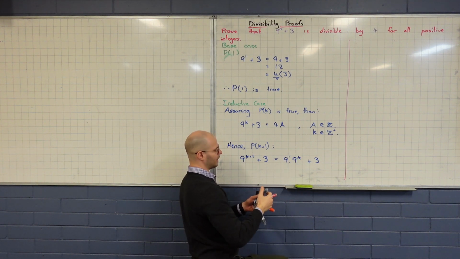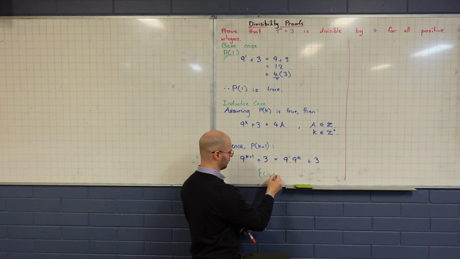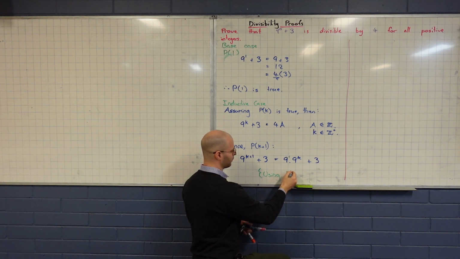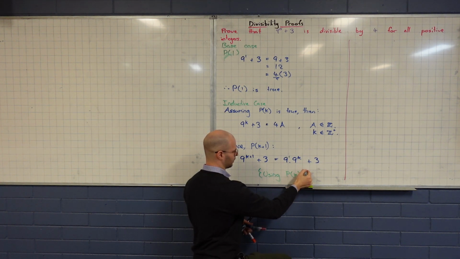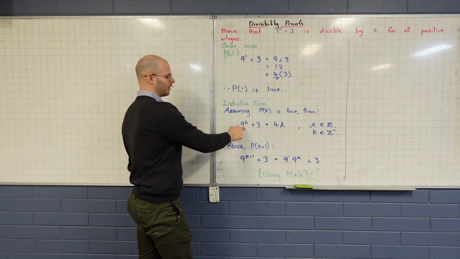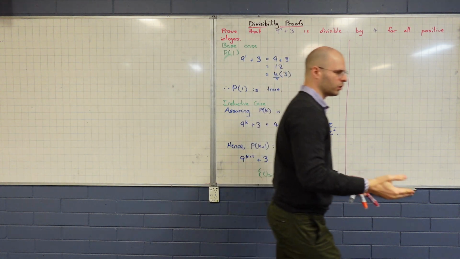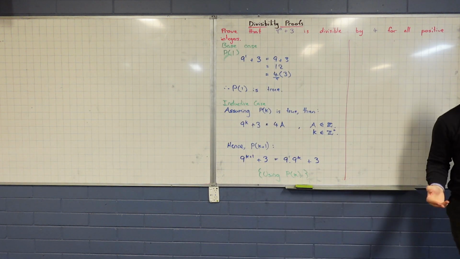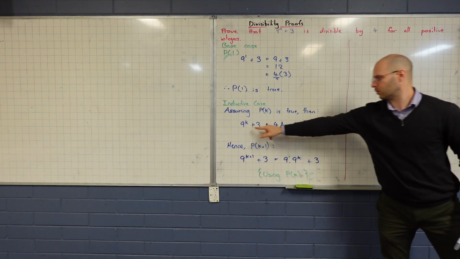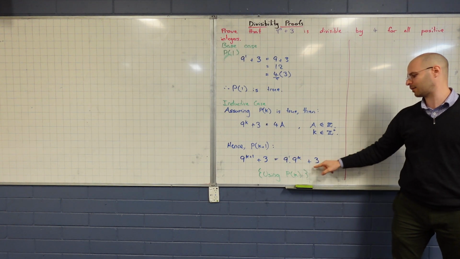Okay, then here's where it's going to get a bit funky. Using P of k, using what we've already defined here, we know that 9^k plus 3 equals 4a. We want to do a substitution, but it's not so simple, is it? We have 9^k plus 3, and over here we've got 9 times 9^k plus 3.